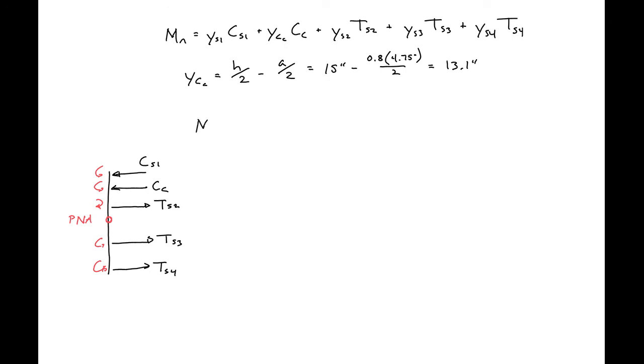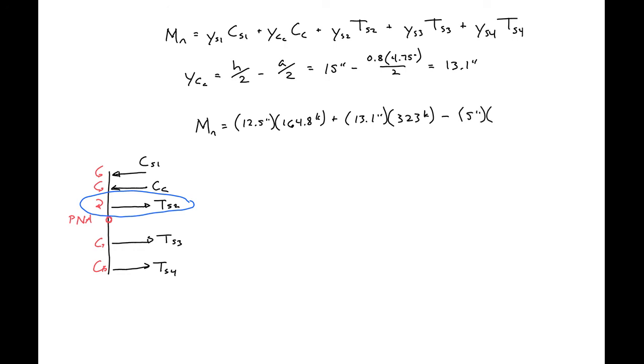So we'll have our Mn equal to 12.5 times 164.8 kips plus 13.1 times 323 kips. So minus, because we're looking at this next term here, minus 5 inches times 120 kips.